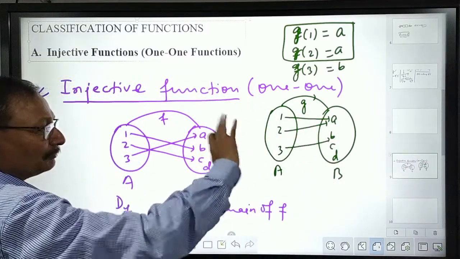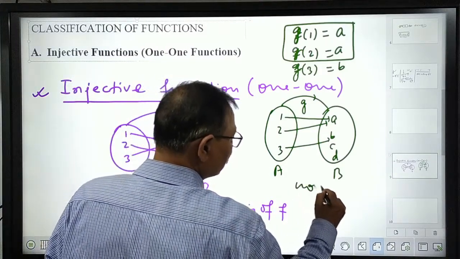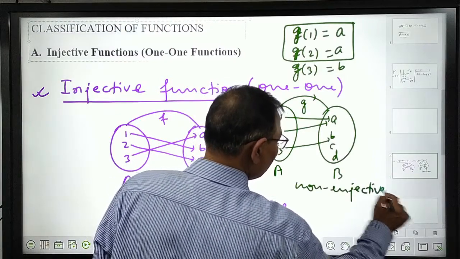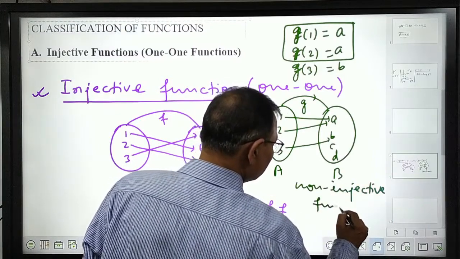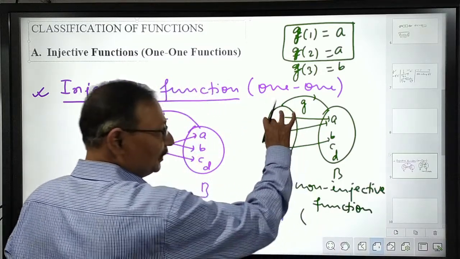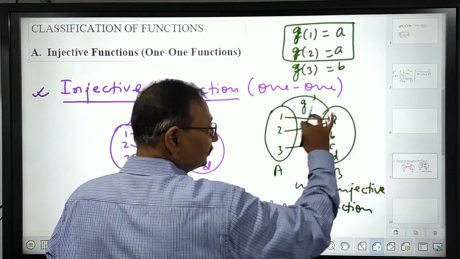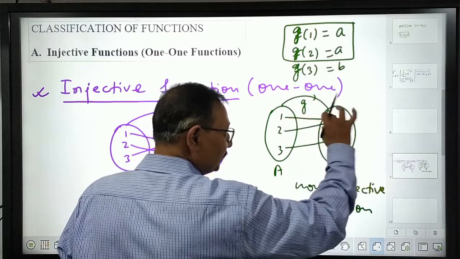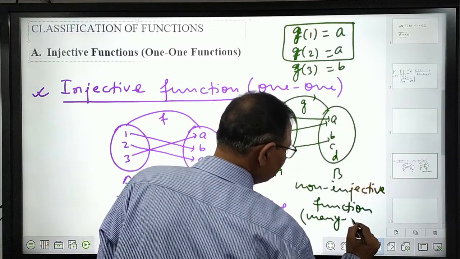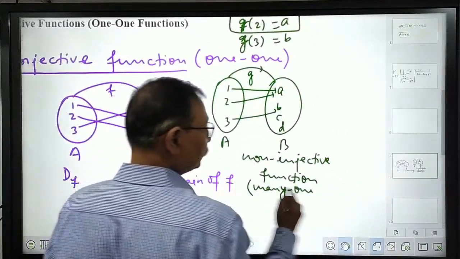This is called non-injective function. That means you can say many to one pairing is there, two elements are paired with one element, so it is many to one paired. So sometimes it is also known as many to one pairing, many to one function.